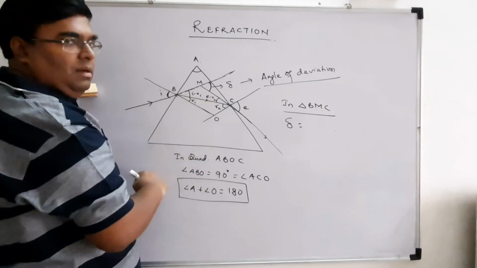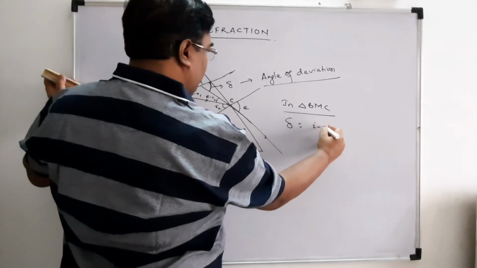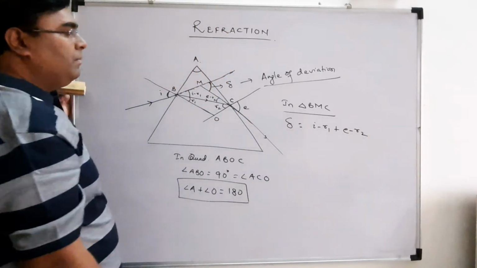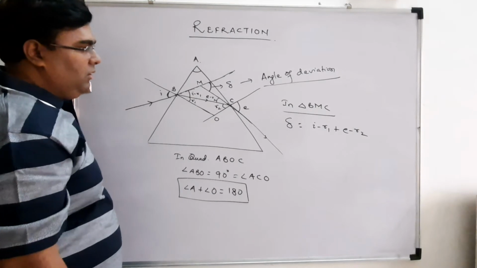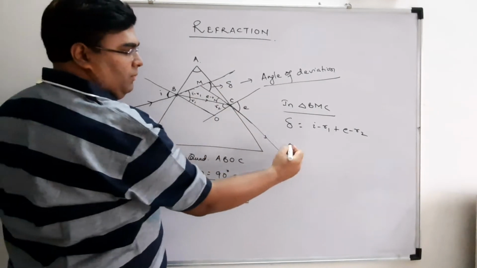These two angles are my opposite interior angles, so we can write it as I minus R1 plus E minus R2.